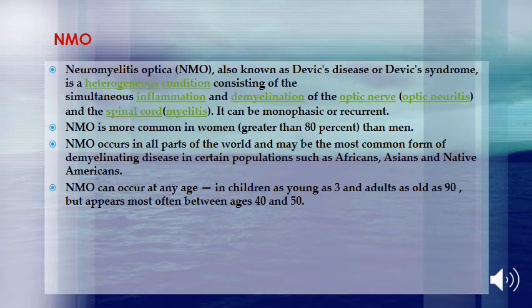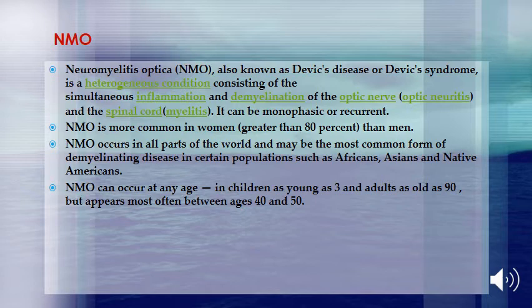So, neuromyelitis optica is also known as Devic disease or Devic syndrome. From its name, neuromyelitis optica consists of simultaneous demyelination of the optic nerve, which causes optic neuritis, and of the spinal cord, which causes myelitis.